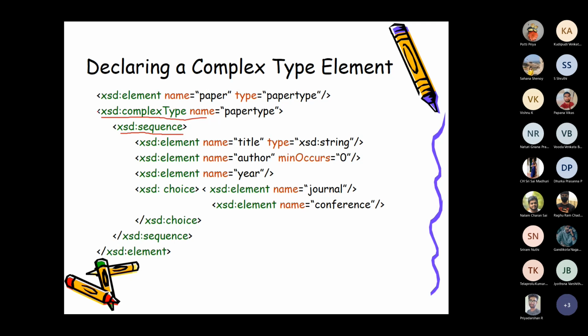So this whole thing becomes the definition of your paperType data type, which is a complex type. And this I am going to use in my first statement, where I said my paper is an element which uses a type called paperType. And paperType I have defined as title, author, year, and journal or conference. Make a note of this example, please.